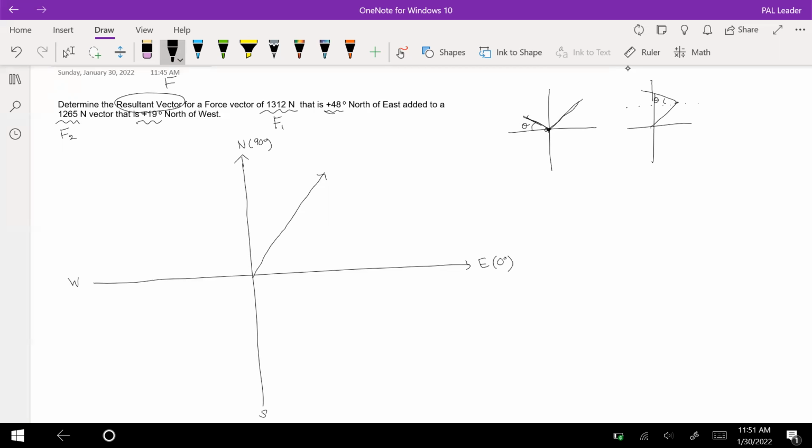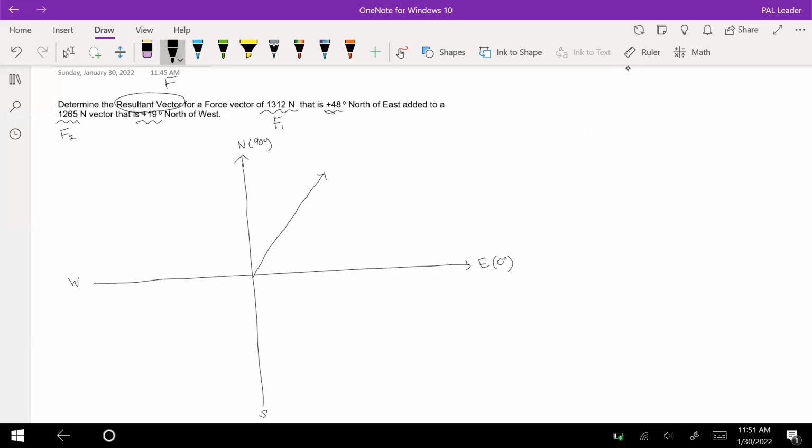One benefit of doing it this way is that it might be easier to see what the final force vector looks like. You can maybe make a good educated guess. This one is kind of harder because they're going in different directions, and then there's the angles. So do what makes sense for you.